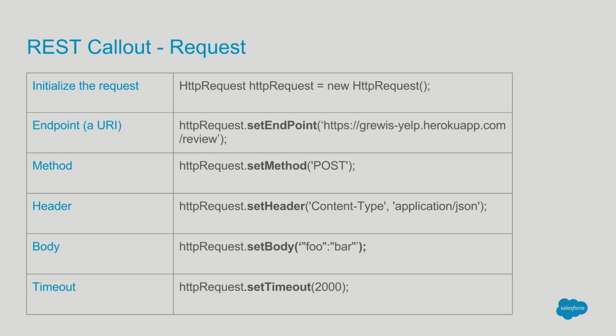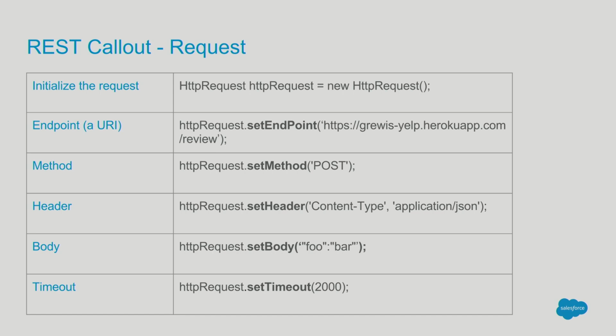The next component is the header. The header contains the operating components for the transaction. In this case, we are trying to send out JSON content, hence we set the content type as application/json. Next is the body. The body depends on what we are trying to achieve through the transaction. If it is a get, then usually we send out an ID.